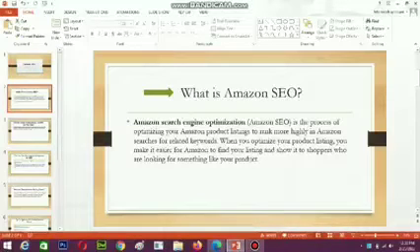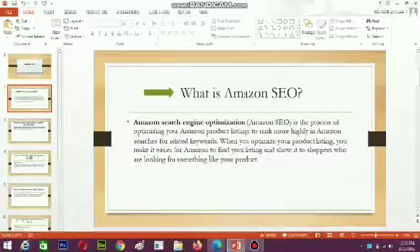As you can see over here, it is written about Amazon SEO. Basically, Amazon SEO is a process in which we optimize our listing to rank more highly. We want our product listing to come on the first page, so for that we have to do good search engine optimization.